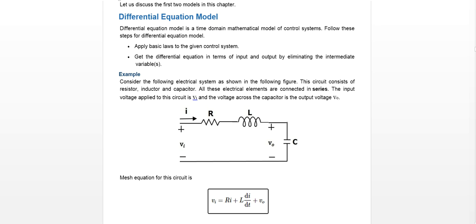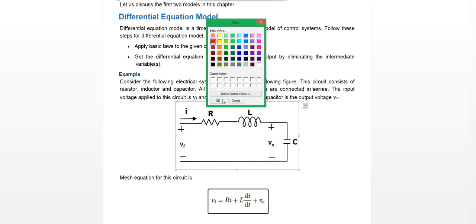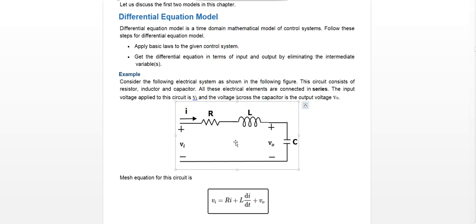So if we are going to create a loop, we have here a loop.